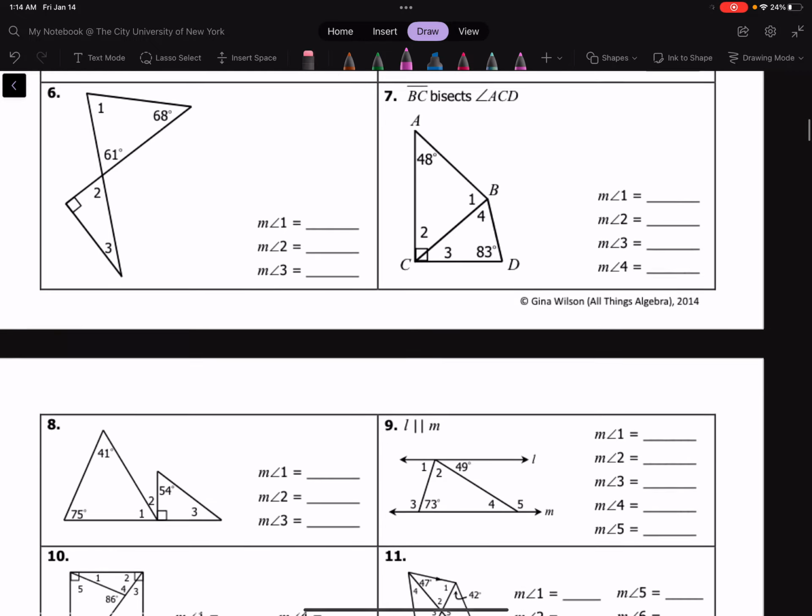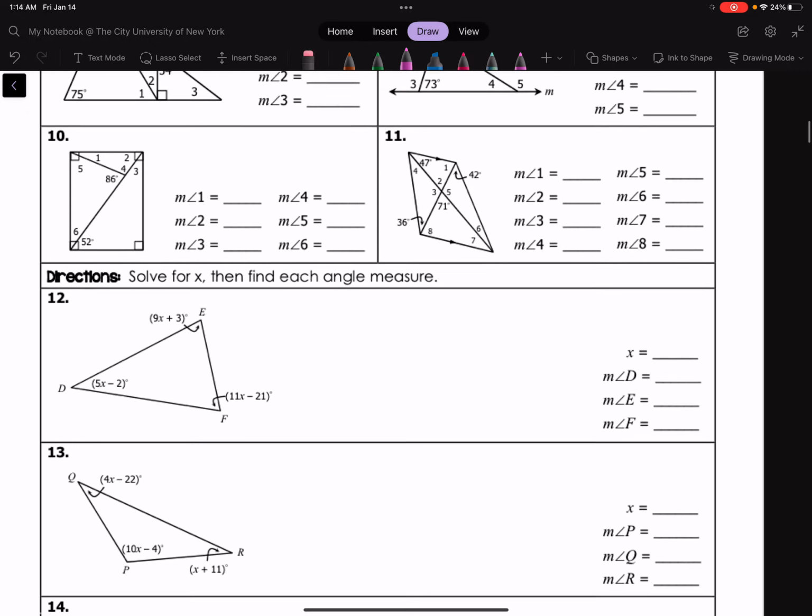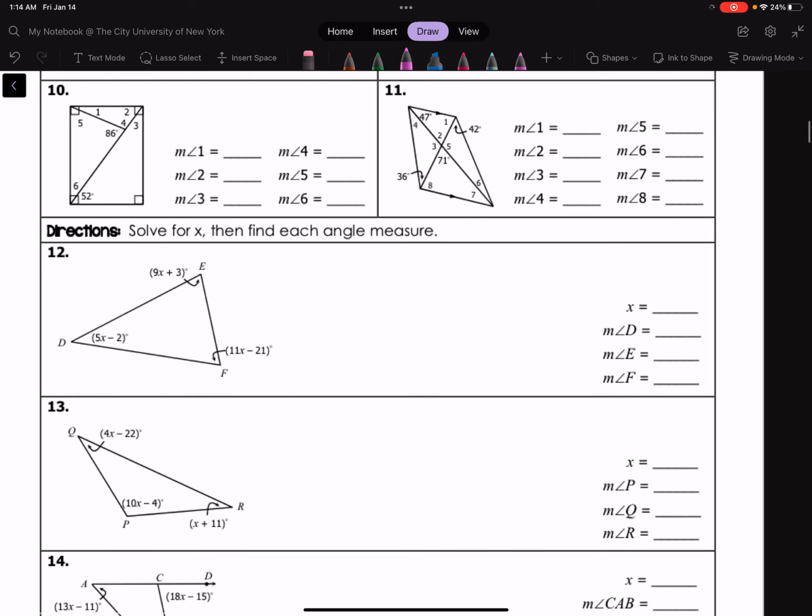And then another very important type of problem: three of the angles are given in terms of algebra. You'll have to solve for x and then find each angle measure. Simple piece of cake. You add all of them.